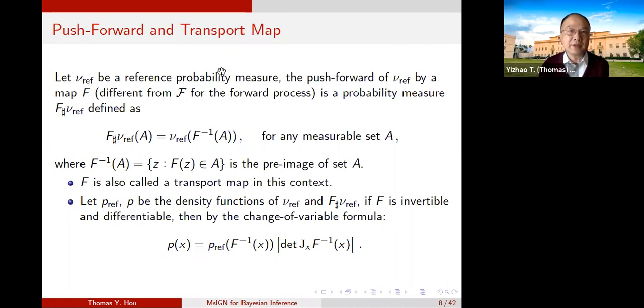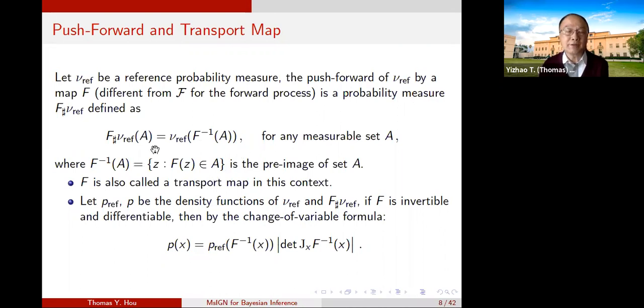So this is not the same thing as the curve F that describes the forward process. Then you construct the push-forward distribution defined by this: F inverse of A, for any measurable set A, is the pre-image of the set A, right? So you basically try to map an easy to sample reference distribution, nu ref, into your target distribution, right?